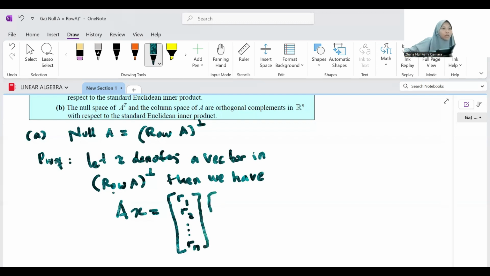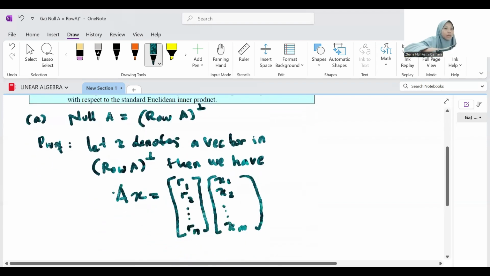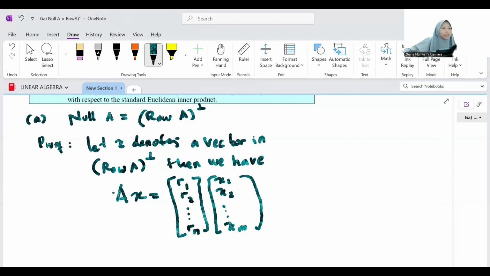And then times x1, x2, and so on until xm, because each row in matrix A has m columns, so that's why we multiply it with vector x that has m dimensions.